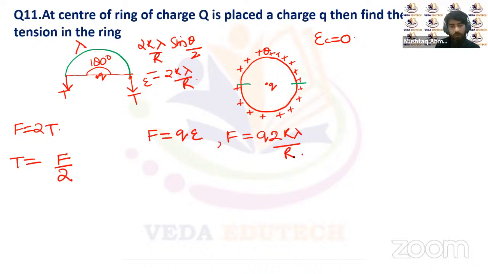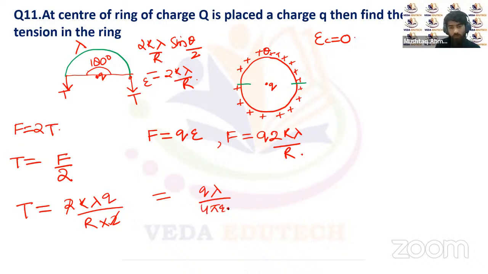Now the tension will be 2k lambda q upon r multiplied by 1 over 2, so the 2 and 2 get cancelled. The tension will be q lambda upon 4 pi epsilon naught r. So this will be the tension within this ring, right?